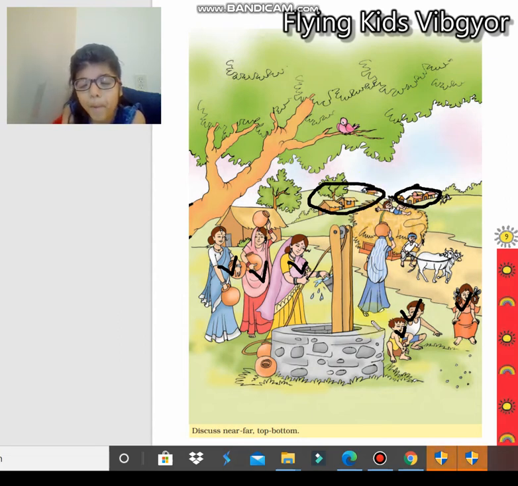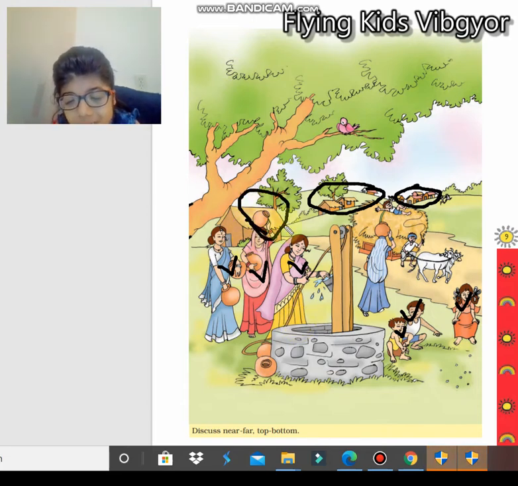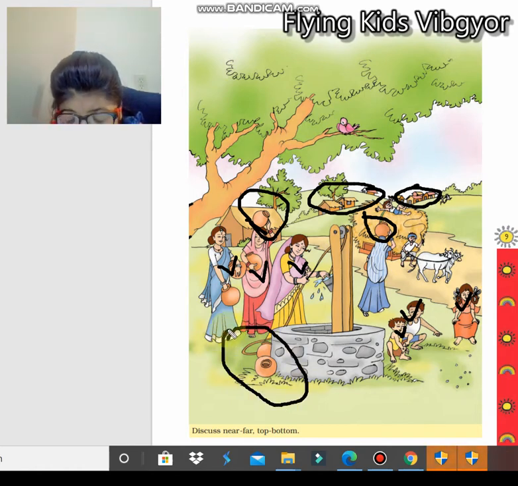And if we see top and bottom, what do you think? These pots which this woman is carrying over her head, is it top of the head or is it bottom? On top. Right. This pot is at the top of the head of this woman. Same way here, right? And if we consider bottom, look at these pots which are kept at the bottom, right? Let's move on to the next one.